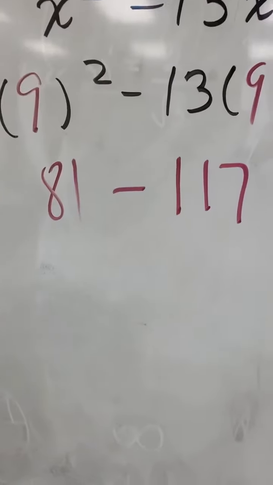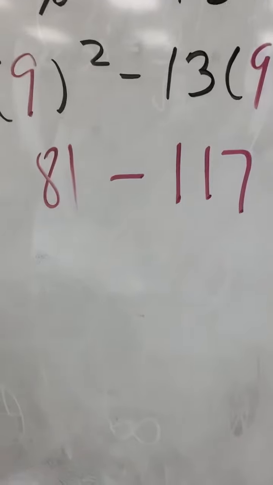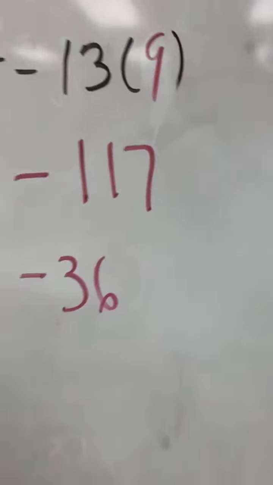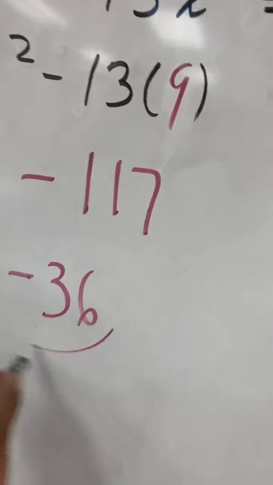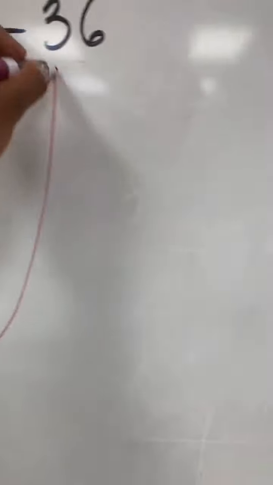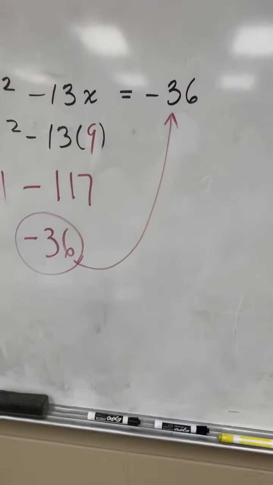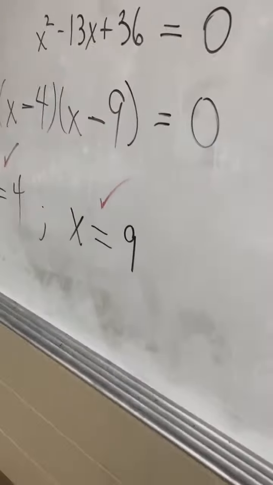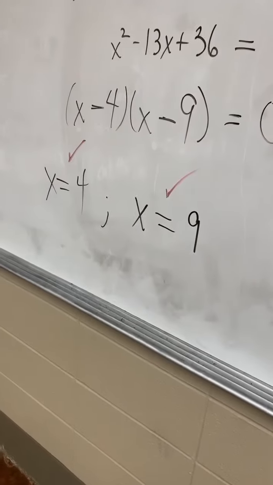And 81 minus 117 is a negative 36 again. So once again, that verifies. That means this is also my solution because it is a true statement.